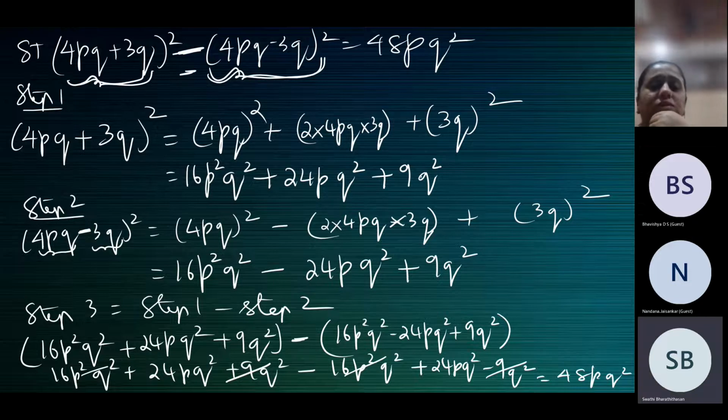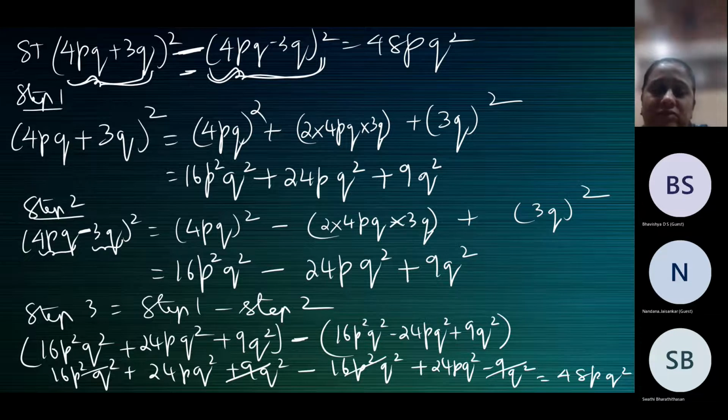No, ma'am. Okay, so what we have to do is when we have to show that some expression is equal to some other expression. So like here we have to show that 4pq plus 3q the whole square minus 4pq minus 3q the whole square is equal to 48pq square.